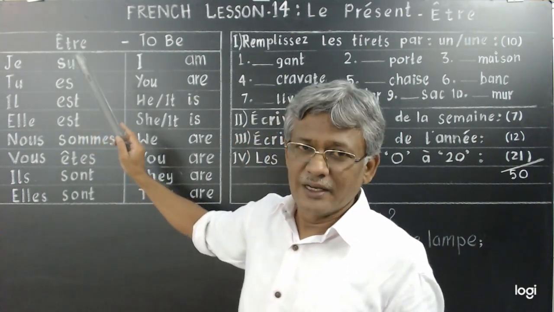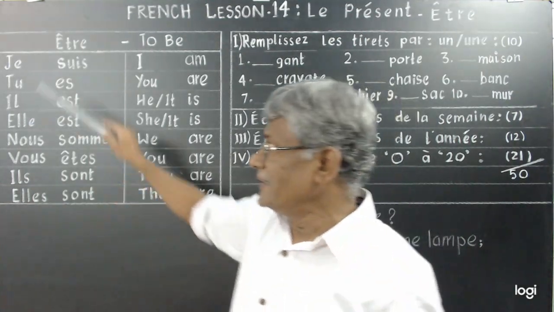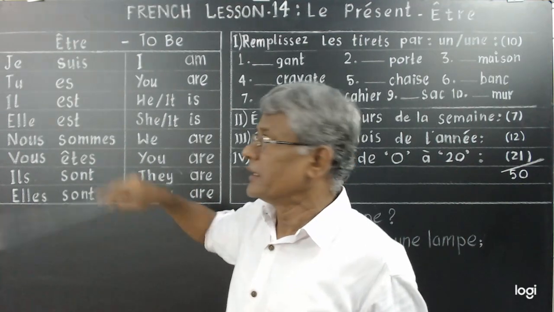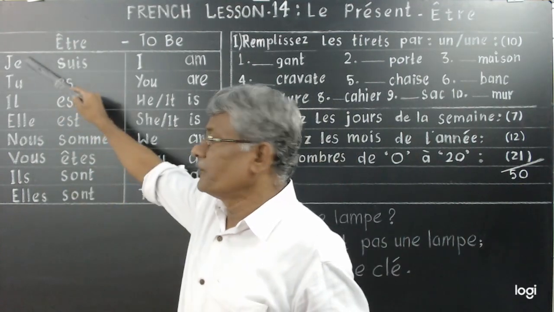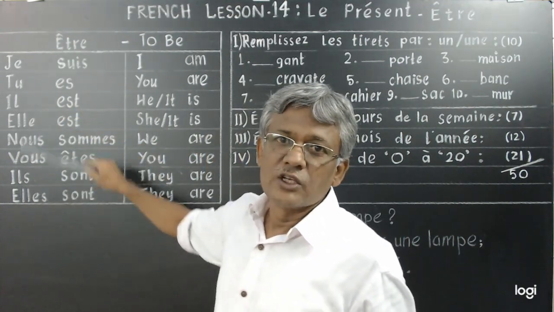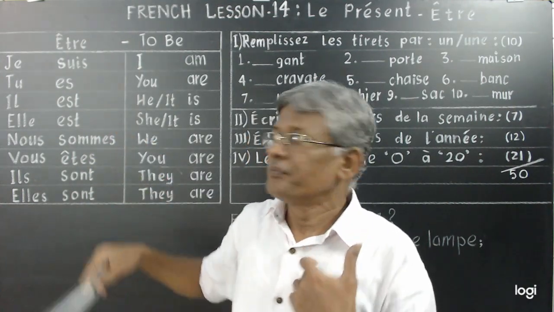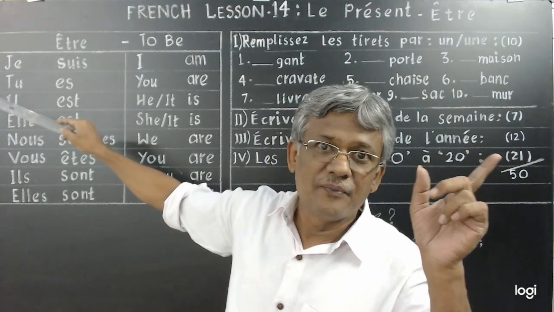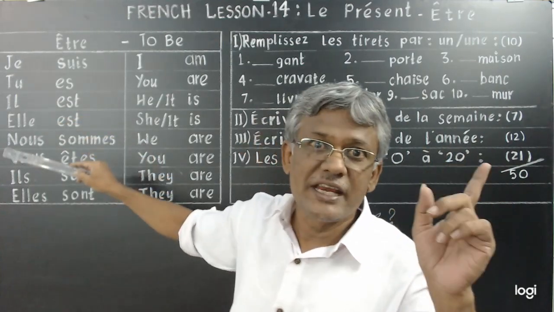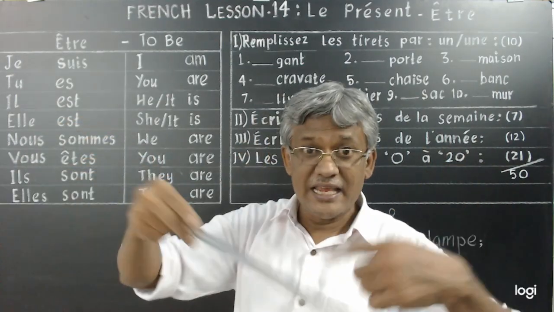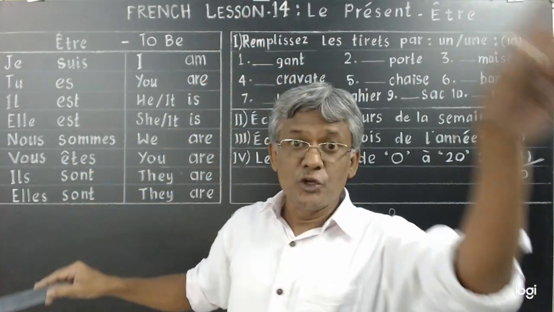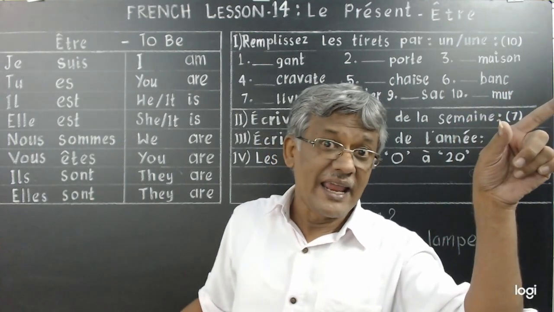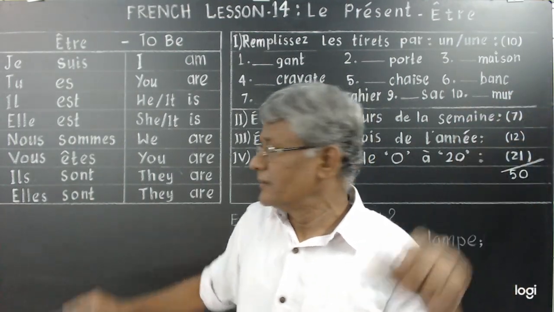First listen to me. This is je, tu, il, elle, nous, vous, ils, elles. The first word, je, means I. Tu means you. Il means he. Elle means she. Nous means we. Vous means you all. Ils, they, maybe a group of boys.